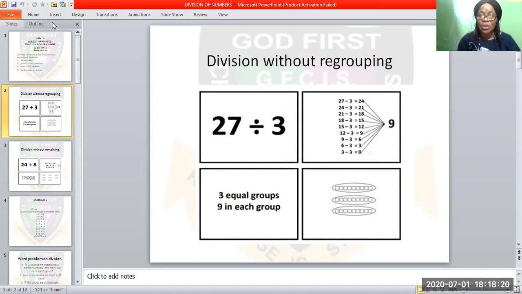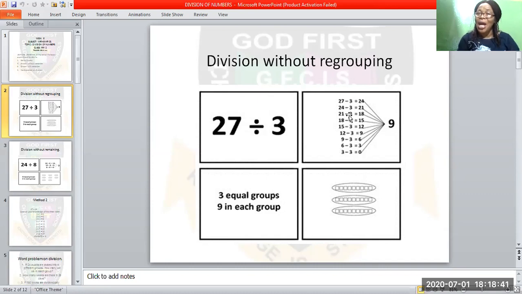When we work it out, it will be 27 minus 3, 24, 24 minus 3, 21, 21 minus 3, 18, until we get to 3 minus 3.